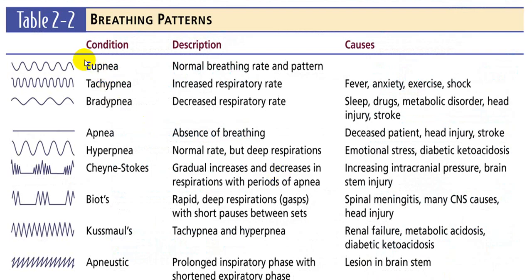This slide I've already shown you in respiration in vital data, that is eupnea, tachypnea, bradypnea, apnea, hyperpnea, Cheyne-Stokes breathing, Biot's breathing, Kussmaul's breathing, and apneustic breathing. We have done this, so I'm going a little faster.